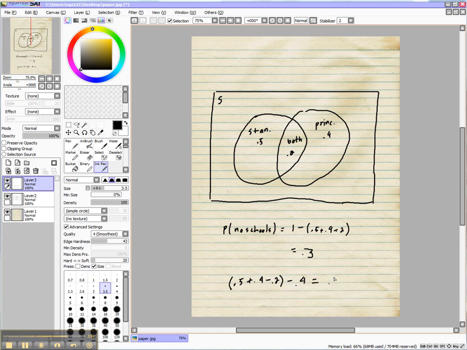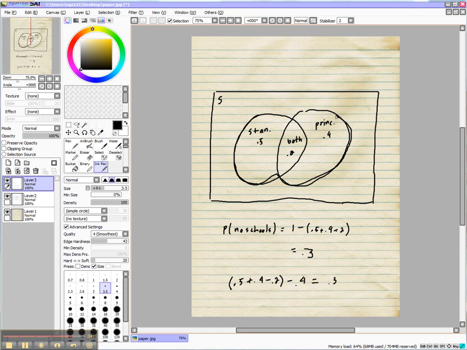And just to clarify what this means, this is saying that 0.5, this Stanford circle, plus 0.4, this Princeton circle, minus 0.2, you're just getting rid of the overlap. So what I just did was I added this entire shape right here. I'm drawing it out.